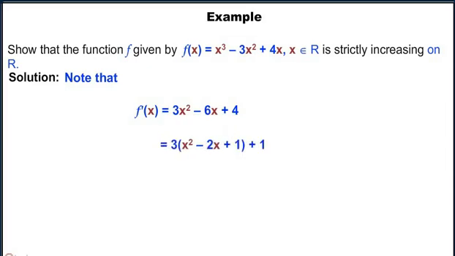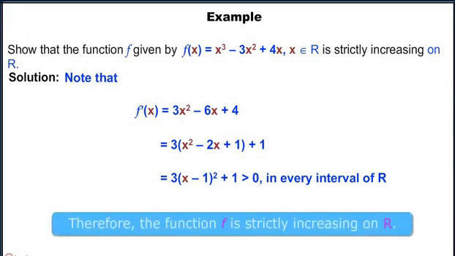Taking 3 common, we get 3 into x square minus 2x plus 1 plus 1. Now this can be written as 3 into x minus 1 whole square plus 1, which is always greater than 0 in every interval of R. Therefore, the function f is strictly increasing on R.